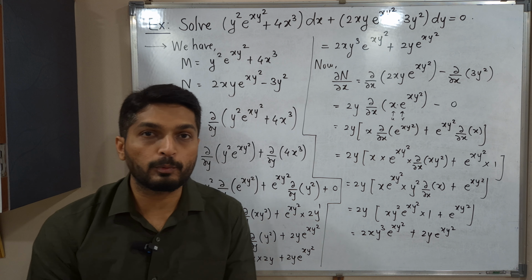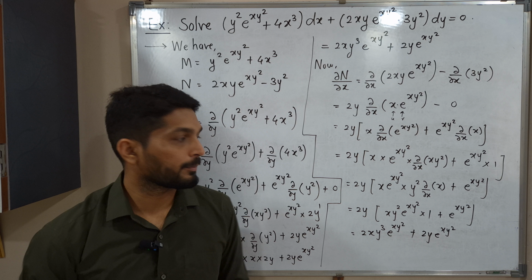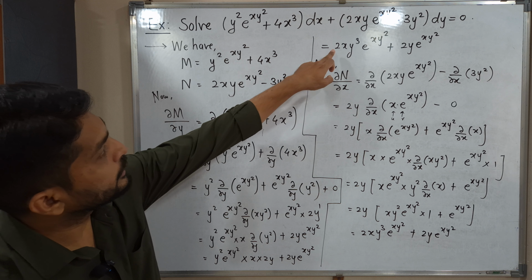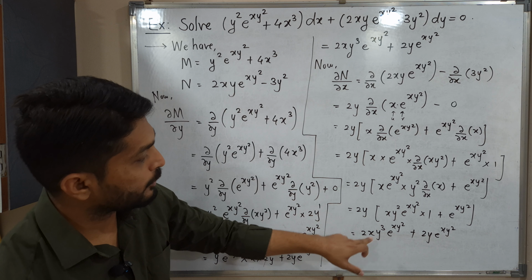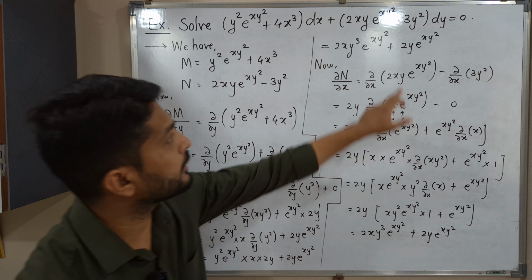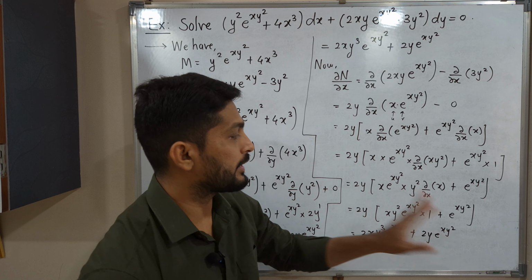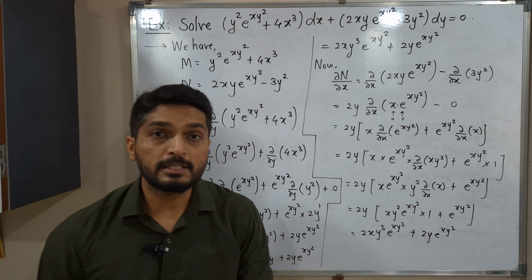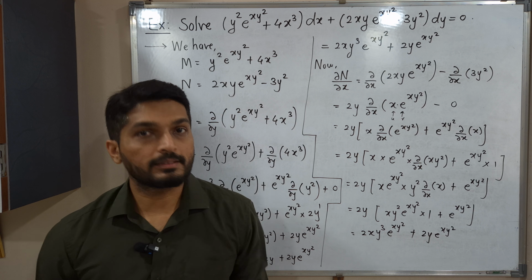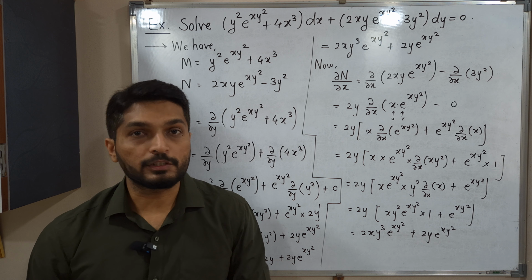Now we have to check whether both of them are the same or not. Let us see. First term: 2xy cube e raised to xy square, 2xy cube e raised to xy square. The second term: 2y e raised to xy square, 2y e raised to xy square. Getting that means both derivatives are the same. The given differential equation is exact.